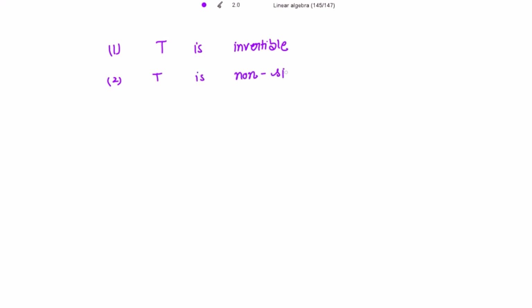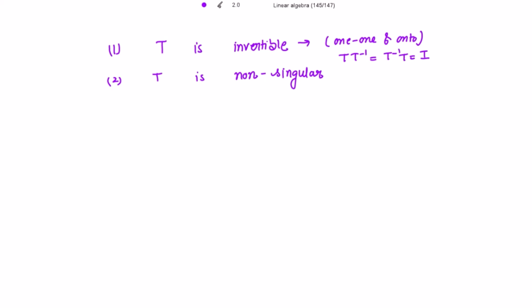What is the meaning of invertible? Invertible transformation means it is both 1-1 and onto, and it also satisfies the property T inverse T equal to T T inverse equal to the identity operator. So these are the two properties for invertible transformations.